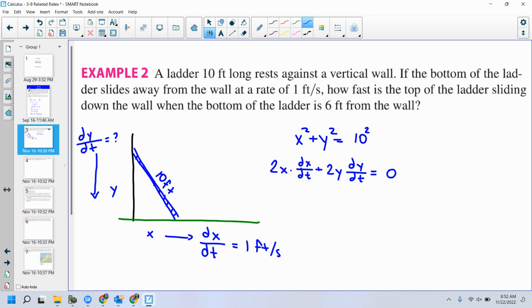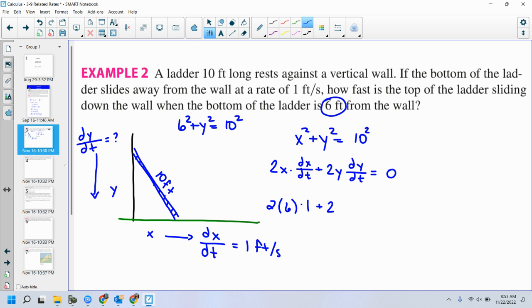Now here's the deal. I have this unknown dy dt now, but I need x and y. What is my x value that I'm trying to calculate this at? 6, right? So I know this is 2 times 6 times dx dt, 1, plus 2 times, well, if x is 6, what is y when x is 6? 6 squared plus y squared equals 10 squared, right?